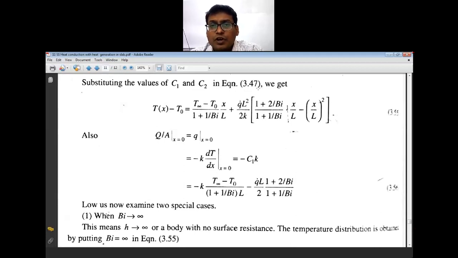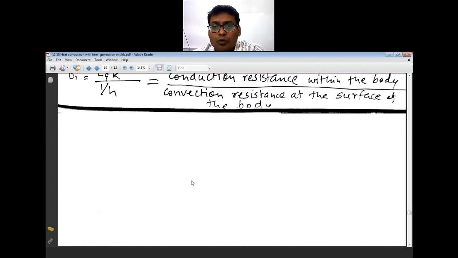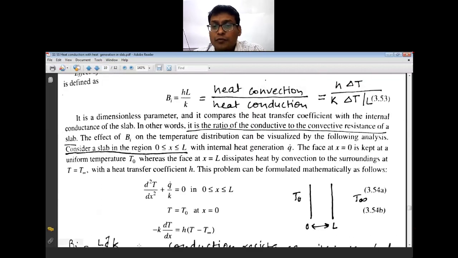This is equation 3.47, substituting the values of C1 and C2 by applying the boundary condition.